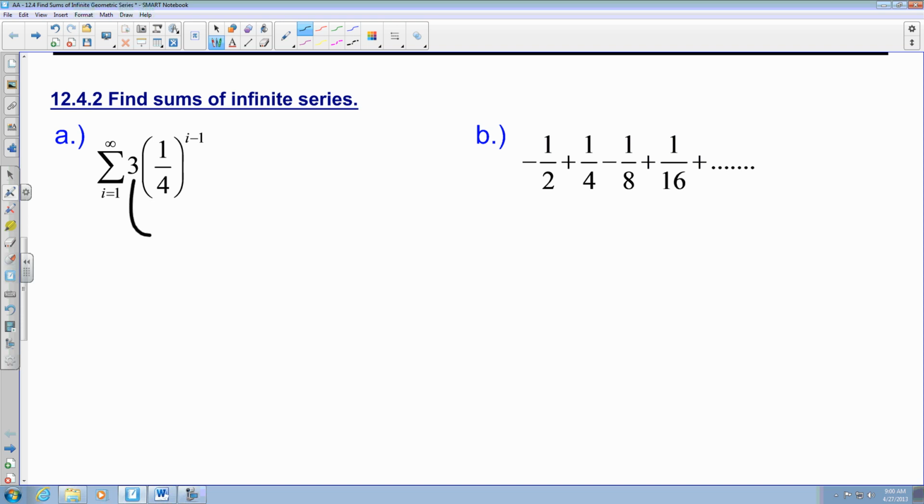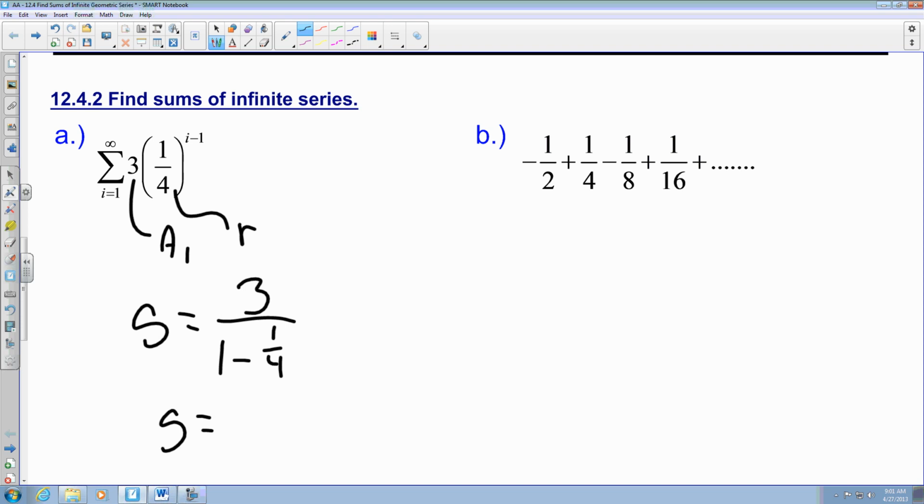So if I look at example A, my series is going on to infinity. Remember from our equations, this is going to be my a sub 1, and this is going to be my r in this case. If I use the formula, S equals 3 divided by 1 minus 1/4. 1 minus 1/4 is 3/4. So 3 divided by 3/4 is going to give me 4.